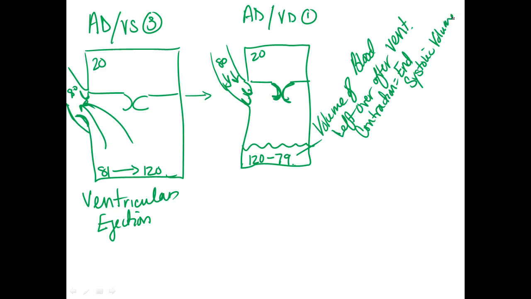Okay. And this end systolic volume remains unchanged as long as we are below aortic pressure but above atrial pressure. Now this pressure has to continue to fall until it hits 19. So again, we have a period of time when all valves are closed.